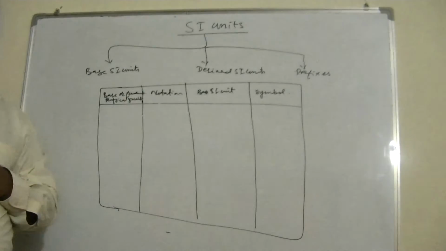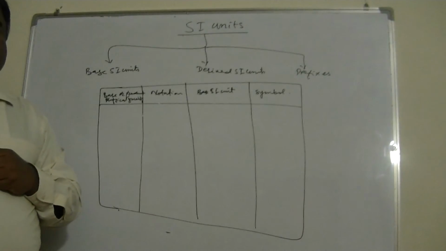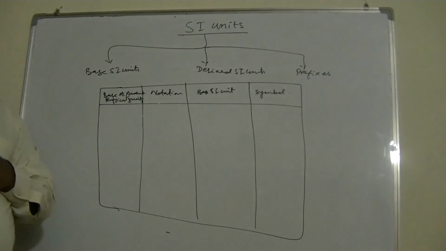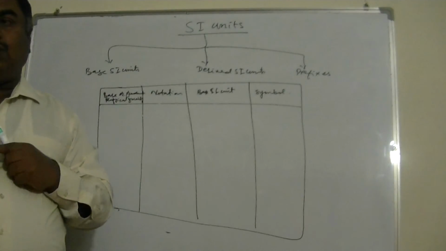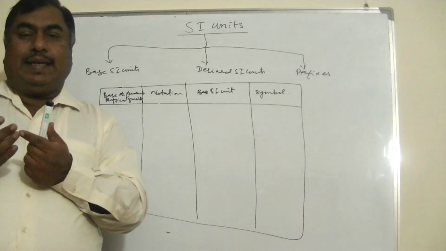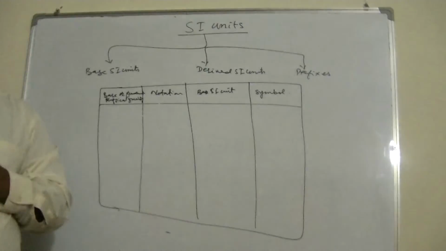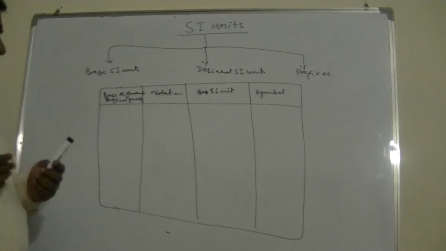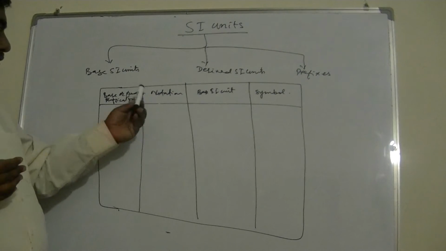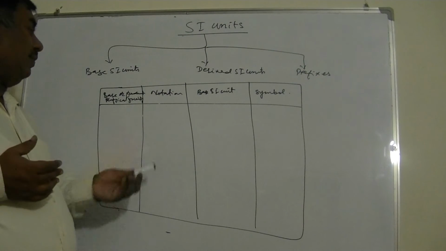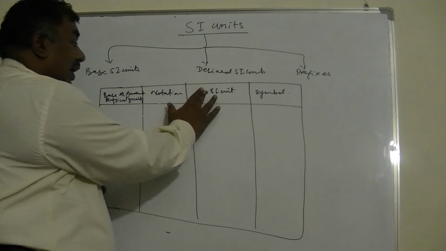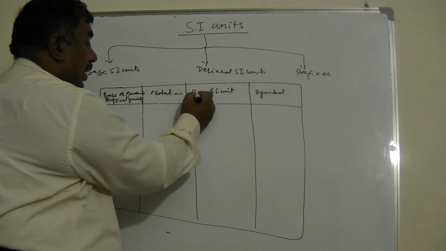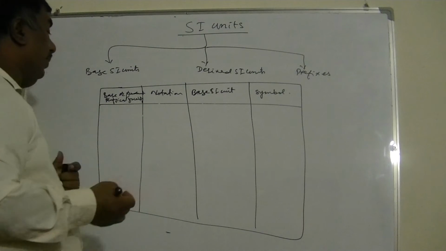For example, linear momentum is denoted by P. Similarly, power is denoted by P. Pressure is denoted by P. Time is denoted by T. Temperature is also denoted by T. So scientists have to work to standardize the notation of physical quantities. That's a need of the hour. But the symbols for the base SI units have been standardized.